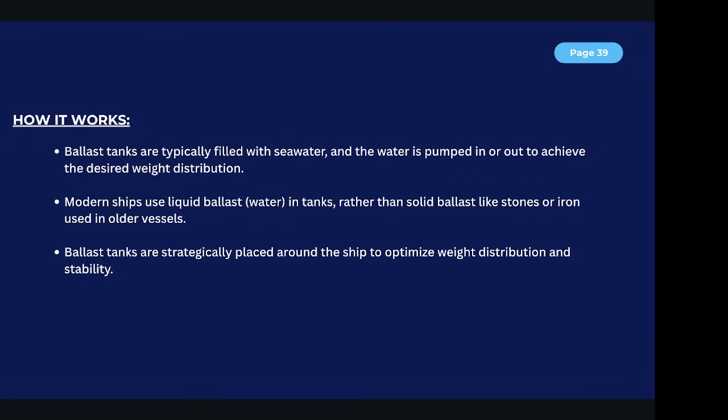The ballast tanks are strategically placed around the ship to optimize weight distribution and stability.